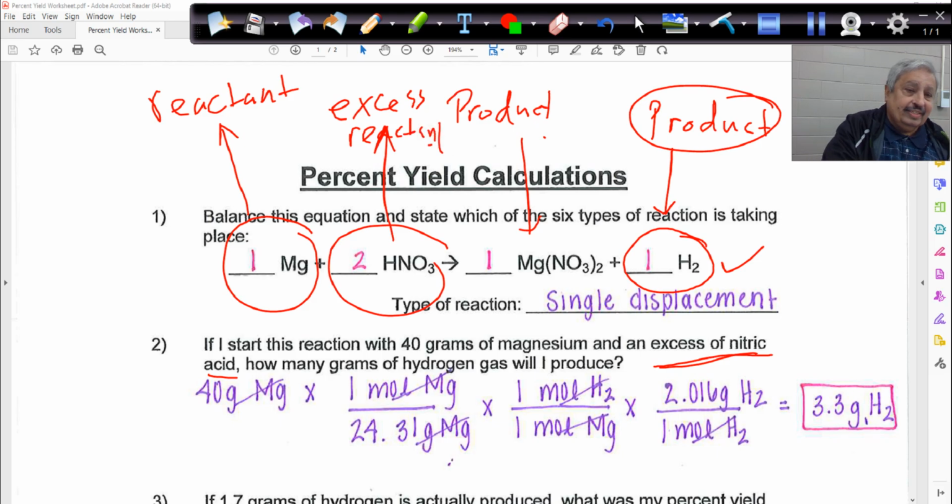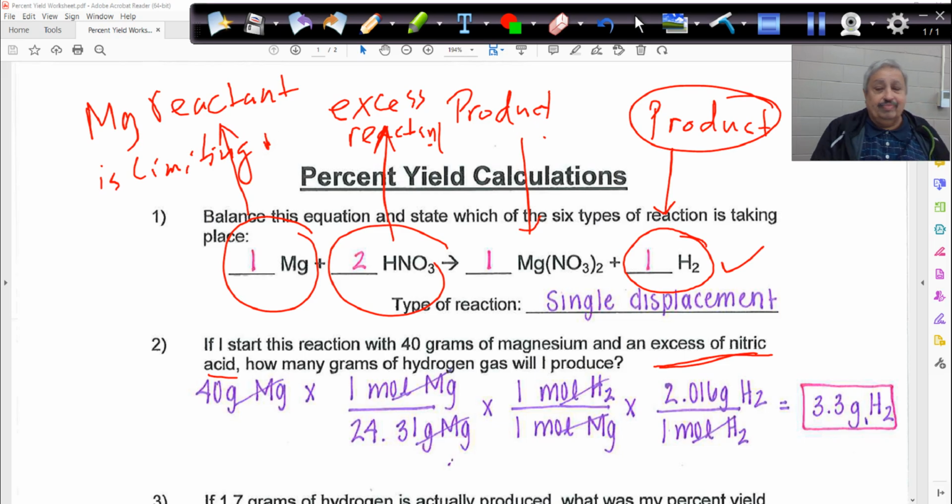And this reactant here, magnesium, is limiting, correct? So we have to base our calculation on this limiting reactant, with the magnesium. It's given us magnesium 40 grams.